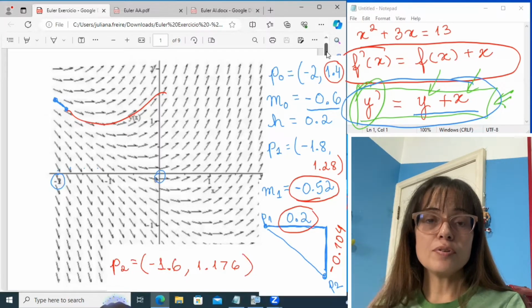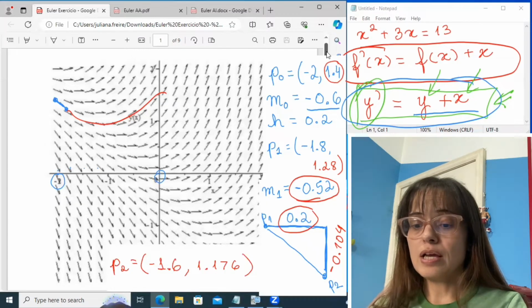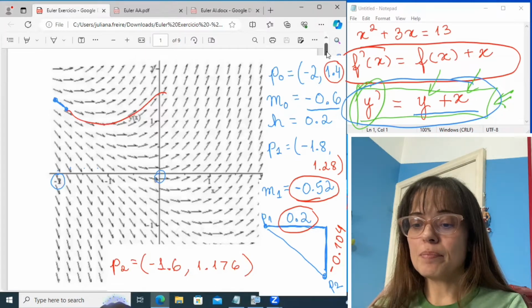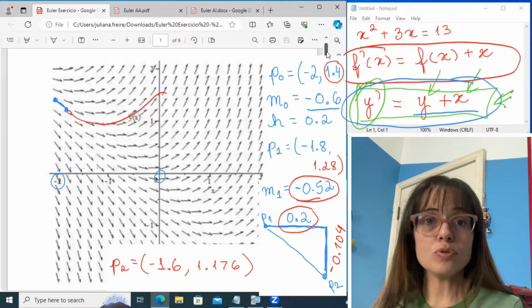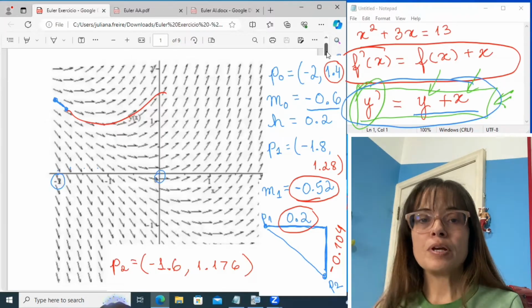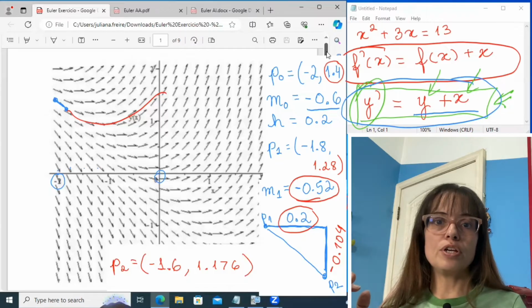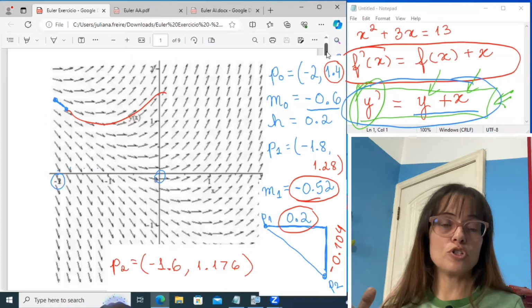Now, obviously, there is a problem here because I just did 2 steps, and so far I was just doing calculations in my head, but they are clearly getting more and more difficult because we have to deal with small numbers, because if our step is too big, we are ignoring all of the change in the slope field that happens from this point to this point.